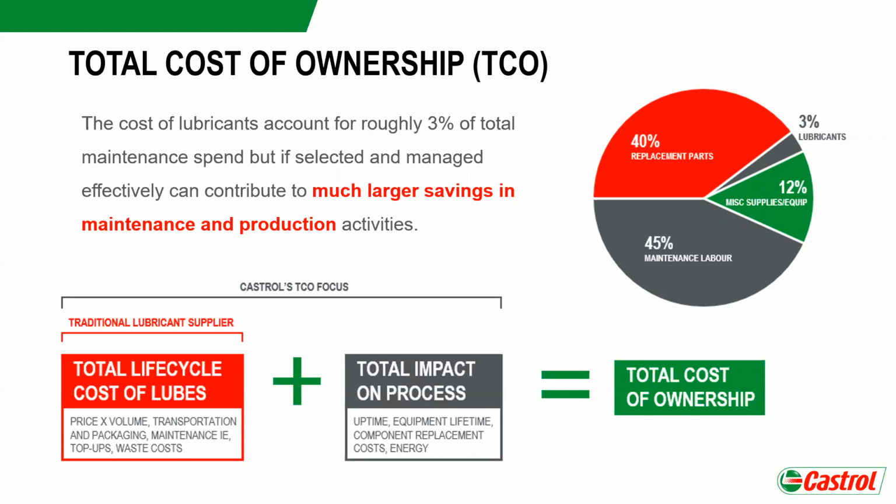So if we look at the total impact on the process of what is the impact of that lubricant on uptime, equipment life, extending asset life, and so on, that's what we call total cost of ownership.